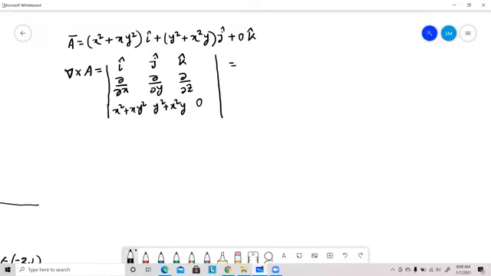Now if we evaluate this determinant, then for the unit vector i it will be 0 0 plus 0 0 minus 0 0, and for the unit vector j, this column this row cancel, it will be 0 del by del x into 0 minus 0 del by del z of x square plus xy square, that means 0.